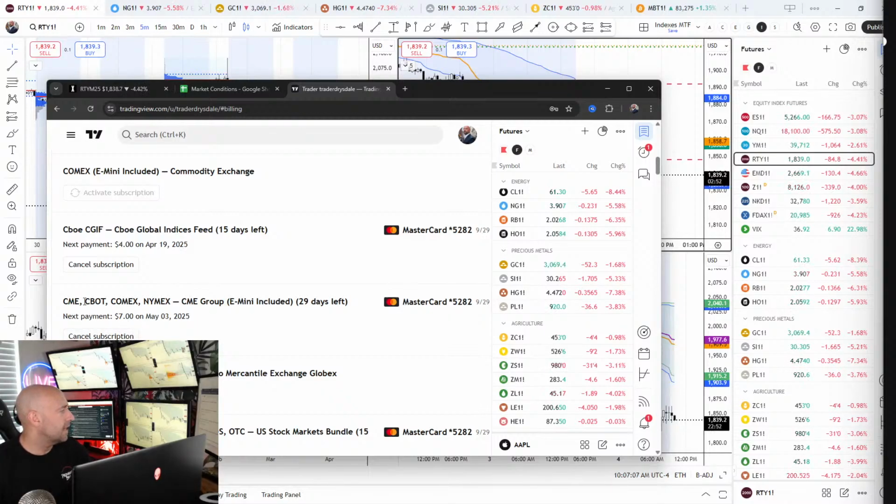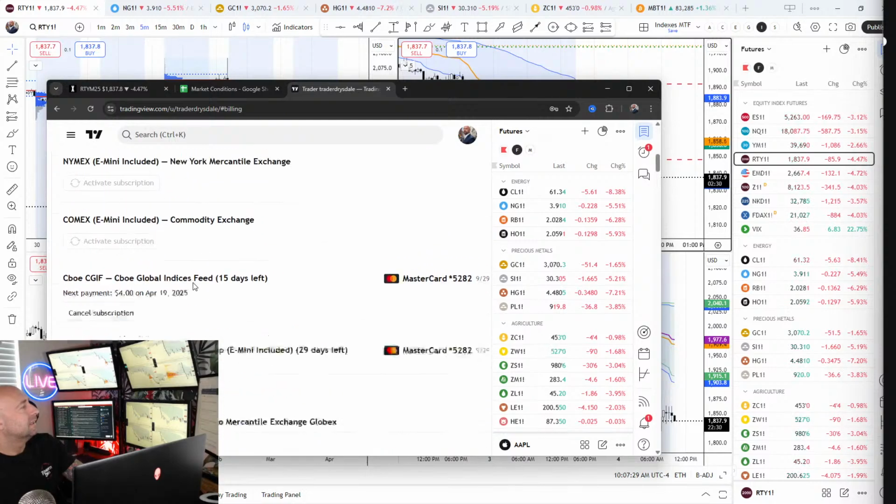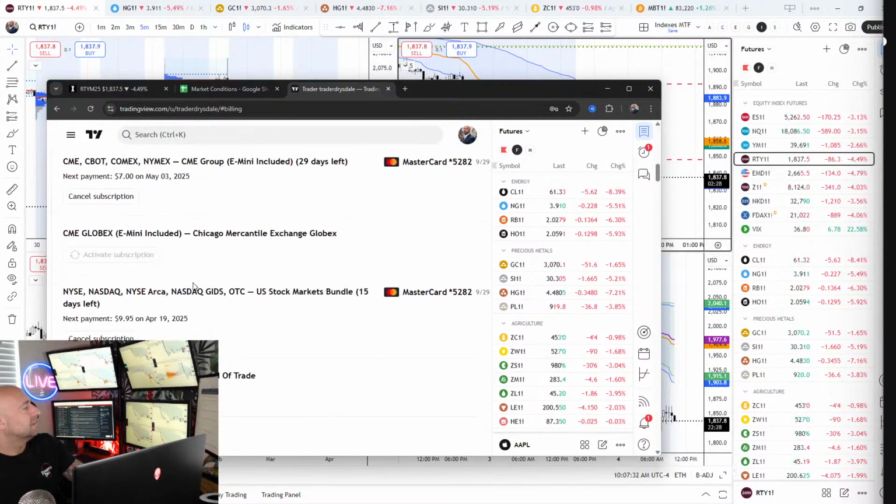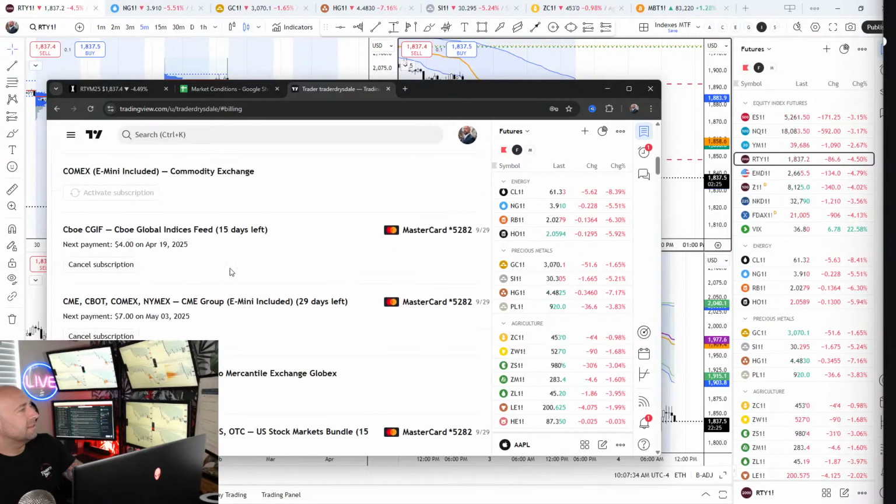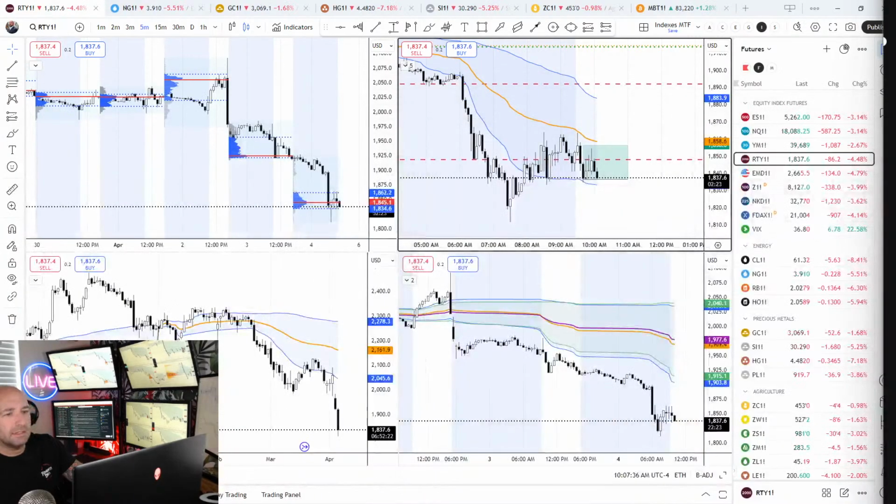That includes all the indexes, energy, the precious metals, agriculture, that's everything in this one package for $7. I buy this one. This is $4, and the only reason I pay for this one is to get live VIX data. I think it's worth it. I like to keep an eye on the VIX. You know, volatility is important, right? So hopefully that helps. You don't need to get the VIX one. The $7 package would do you just fine.